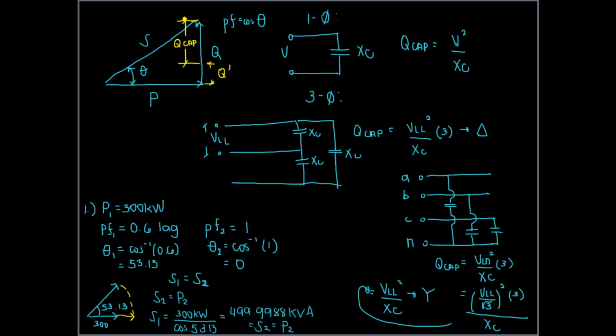Which therefore means we have a P2 of 499.9988 kilowatts. There. So which means our P2 is 499.9988 kVA.